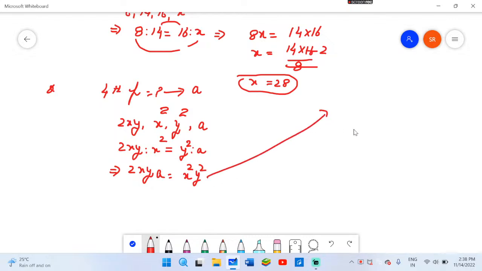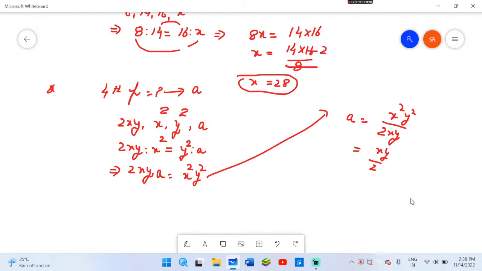That gives me a is equal to x square y square upon 2xy. So here one x and one y are cancelled. Top side remains only xy upon 2. So xy upon 2 becomes the fourth proportional.